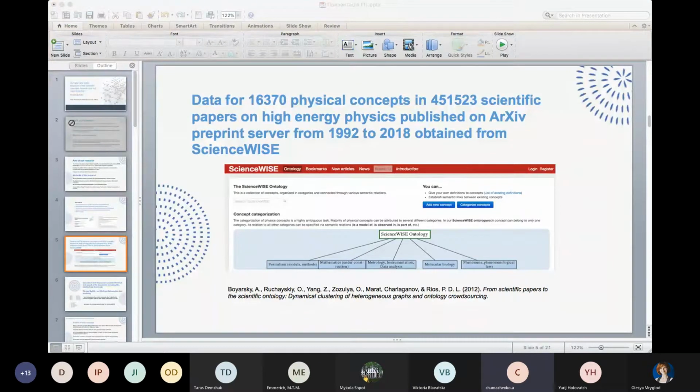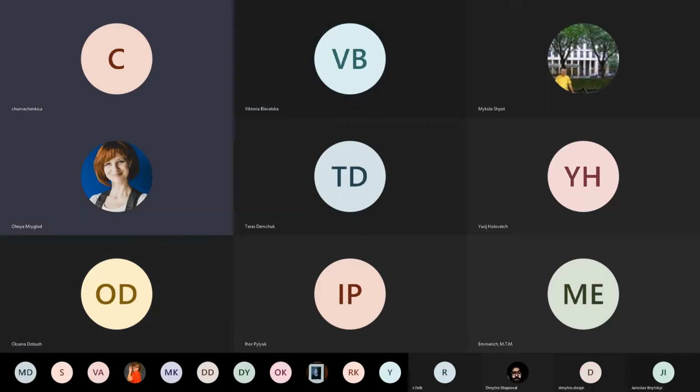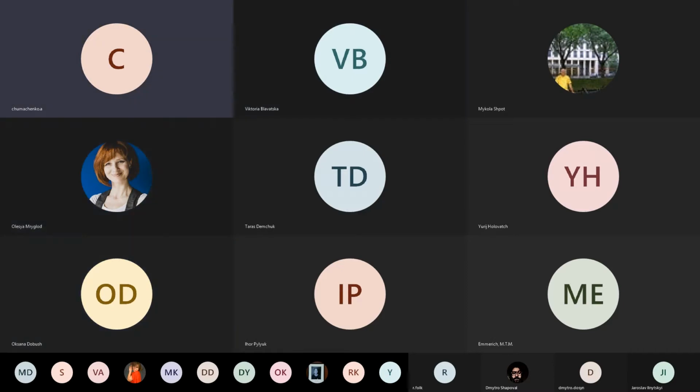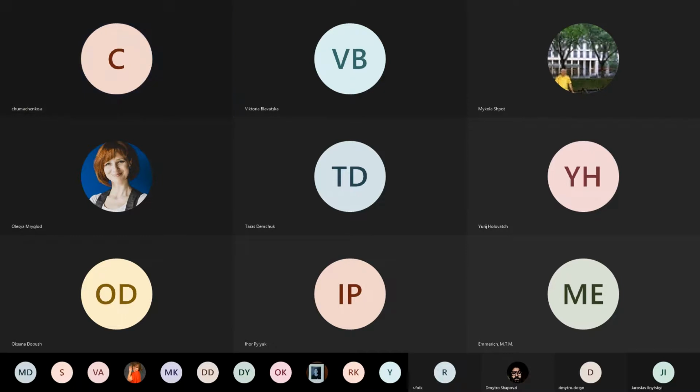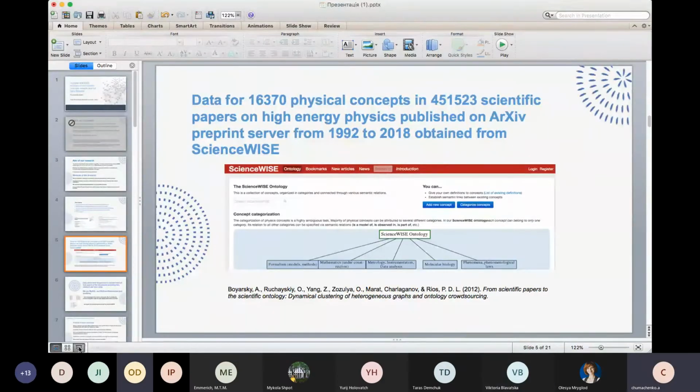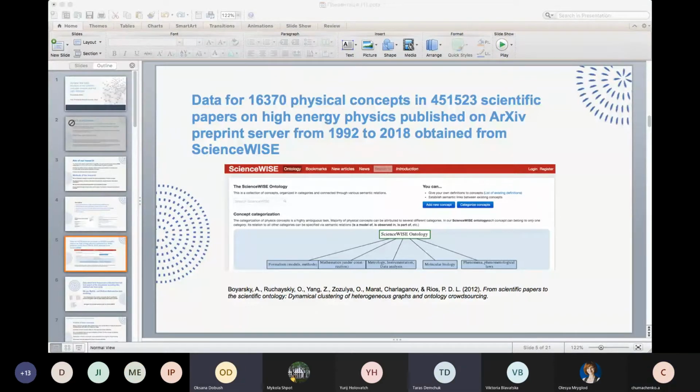Let me just try. Now it's okay, I think. No. Let me do it once again. Maybe there was some problem with the application. And now, which slide do you see? Data for slide five, maybe.